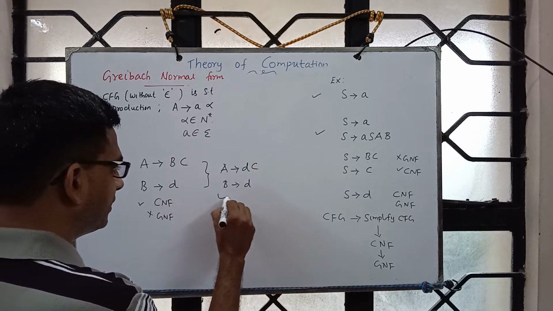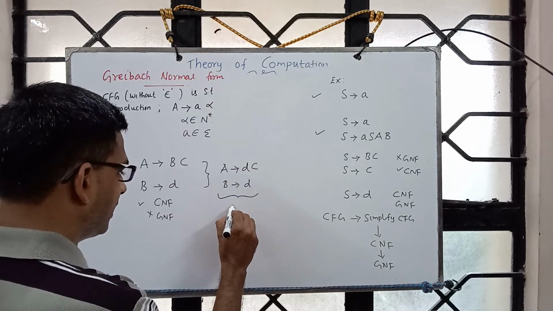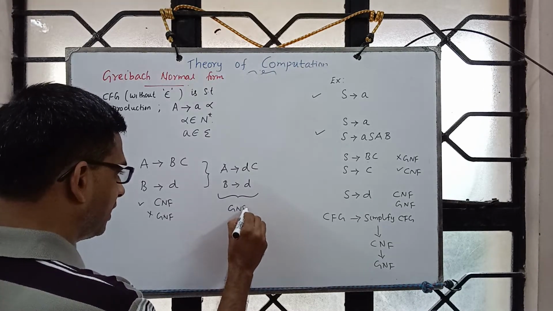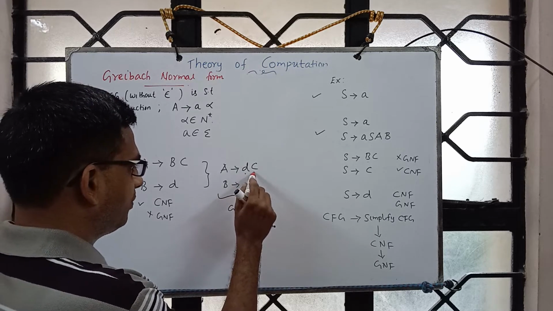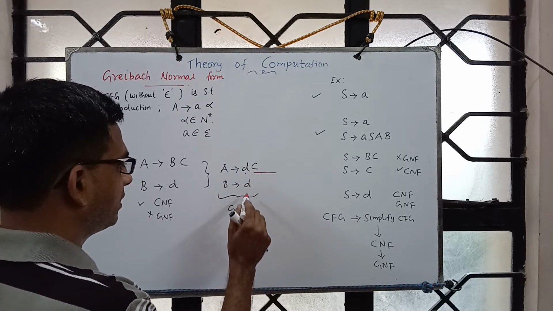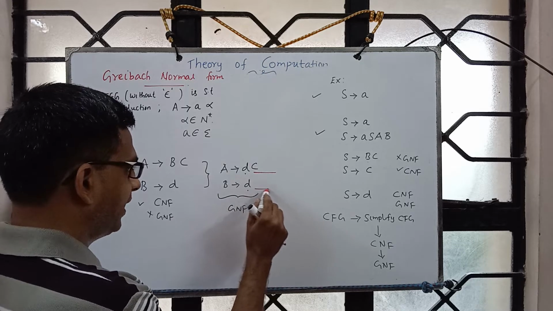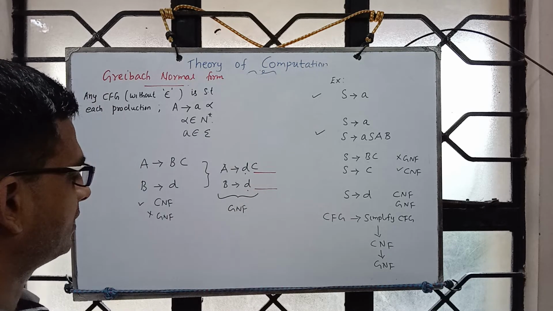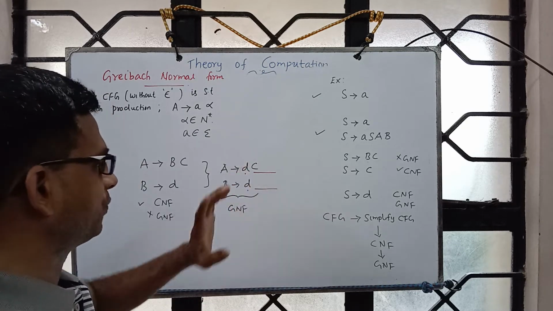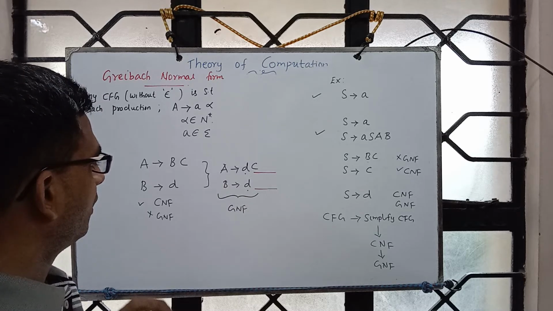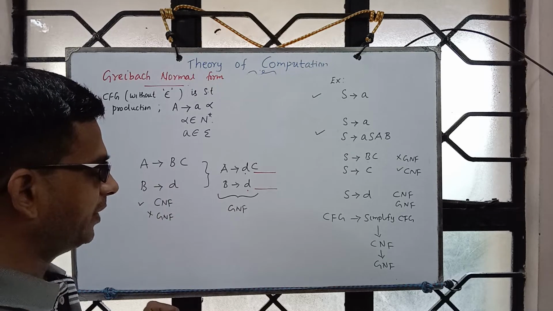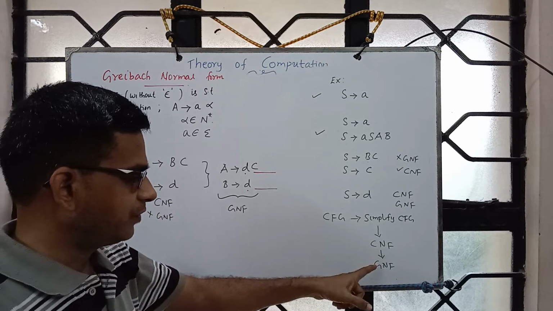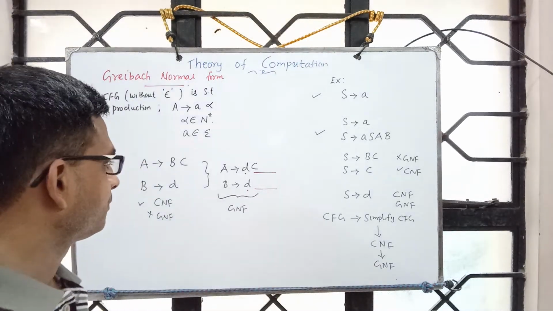With this simple substitution, we see that this one is in GNF: a terminal followed by a string of non-terminals. In this case it is 0, in this case it is 1. Okay, now this is precisely what we will be doing when we convert CNF to GNF.